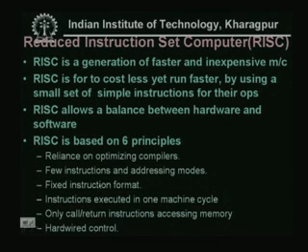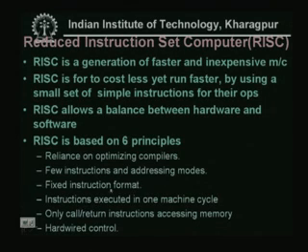RISC, as its name implies, has few instructions, and we will see later what we mean by addressing modes, which are also very few. Fixed instruction format. It is not of a variable format like the complex instruction set machines or the old machines. It has a fixed instruction format.